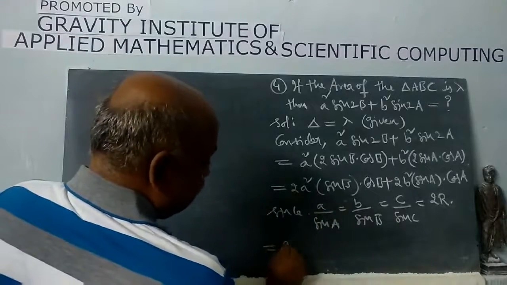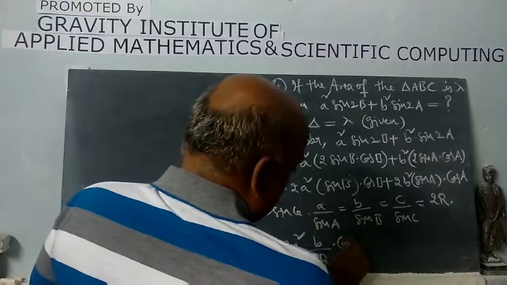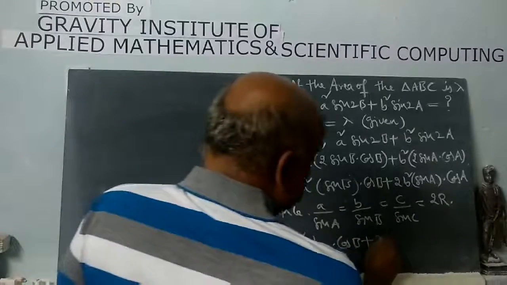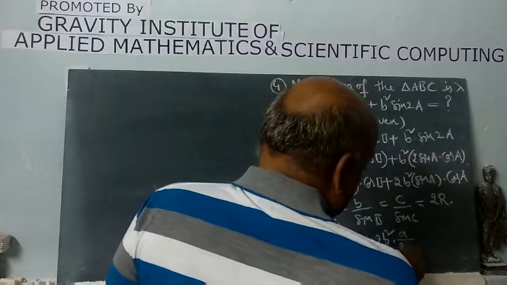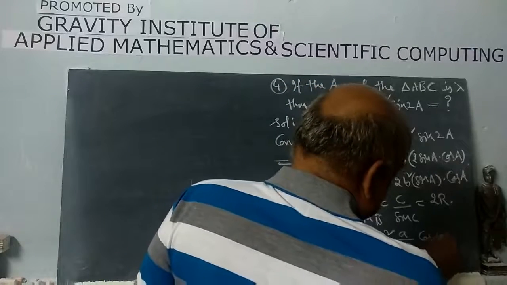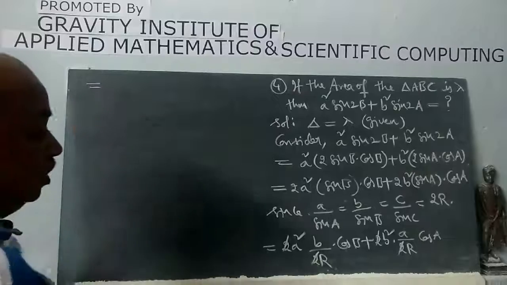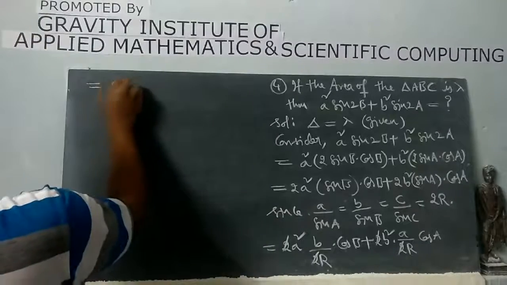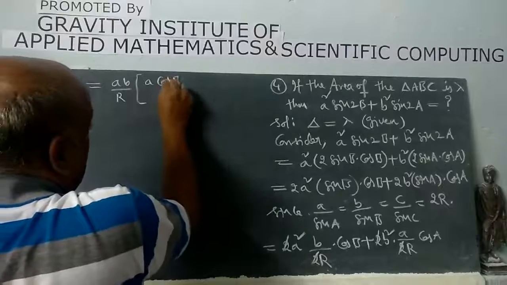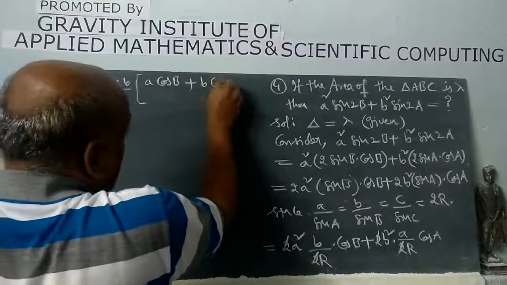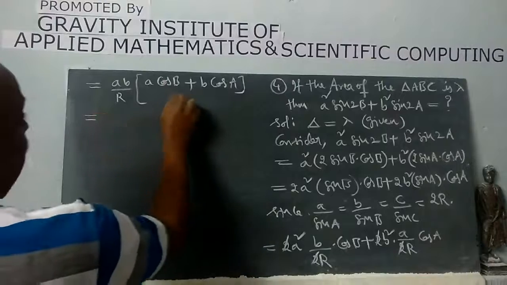So this implies 2a square b by 2R cos B plus 2b square a by 2R cos A. Here the 2 gets cancelled, and ab by R is common, so a cos B plus b cos A. From the projection rule, this value is c.